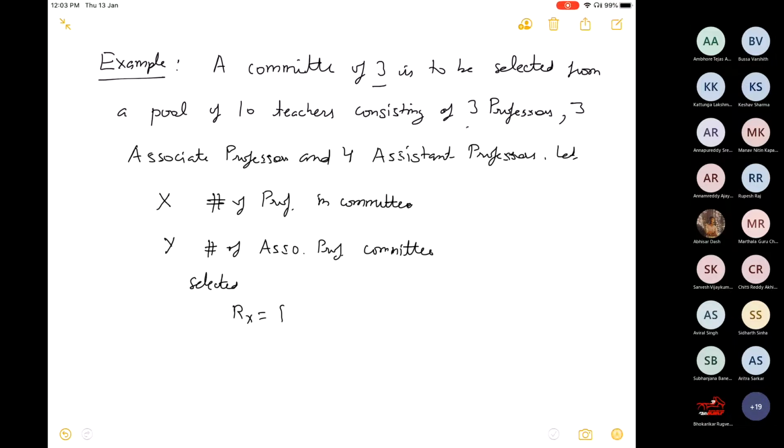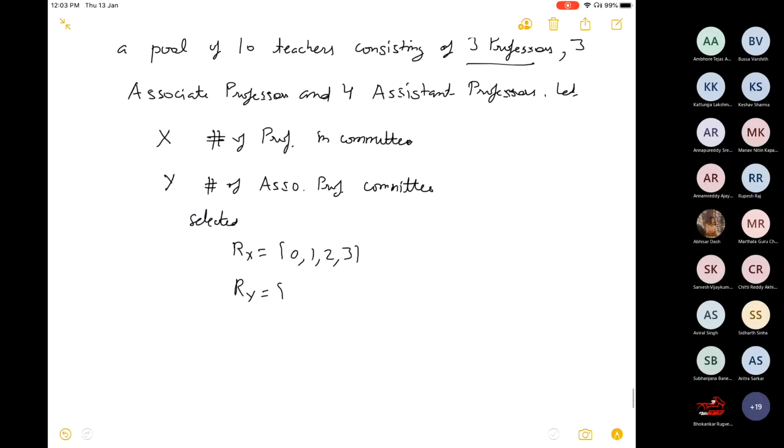Similarly, y can take values 0, 1, 2, 3, because a maximum of 3 associate professors can be there.